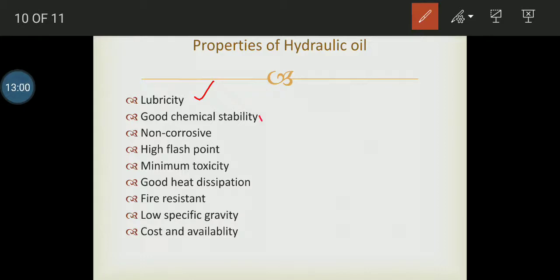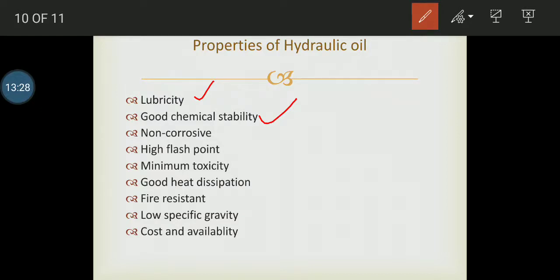Then chemical stability. It must have good chemical stability, because when hydraulic oil comes in contact with a certain material or chemical, it must not react with that chemical or any other substance, because once it reacts, it will create another component which could be dangerous to the system.